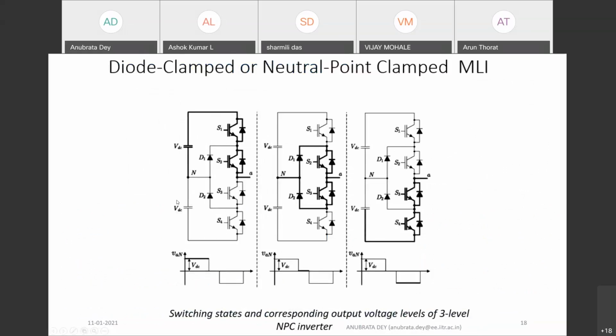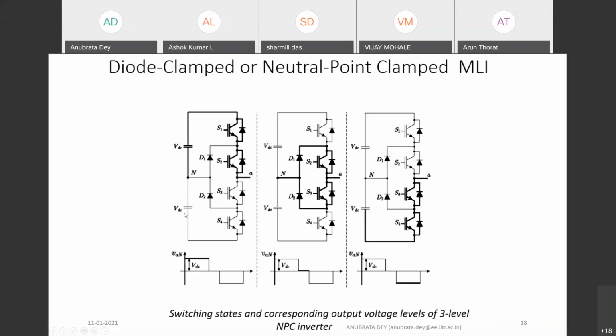A lot of work has been done and a lot of attention has been given in the literature, because these are the real issues when you go to the field. Ideally these capacitors may not diverge from each other. They will remain VDC and VDC, assuming the total voltage at the input side is 2 VDC, so they will share equal voltage ideally.